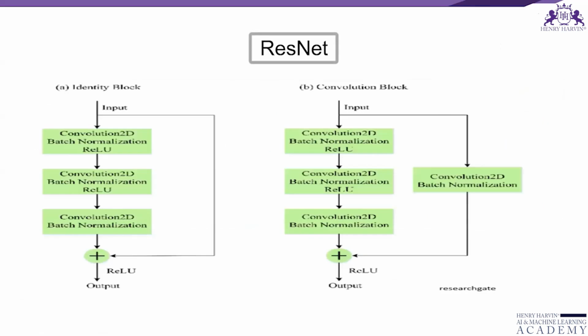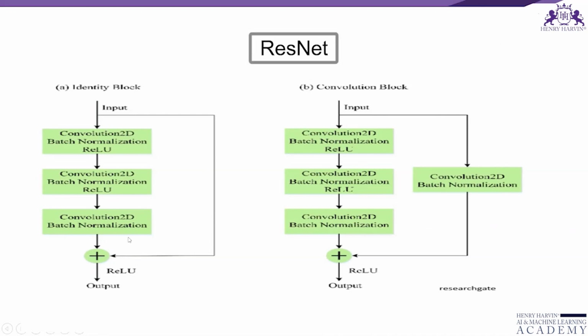And you can see the identity block over here: convolution 2D, batch normalization, ReLU, then convolution 2D, batch normalization, ReLU, convolution 2D, batch normalization. Then finally ReLU is also done, right?